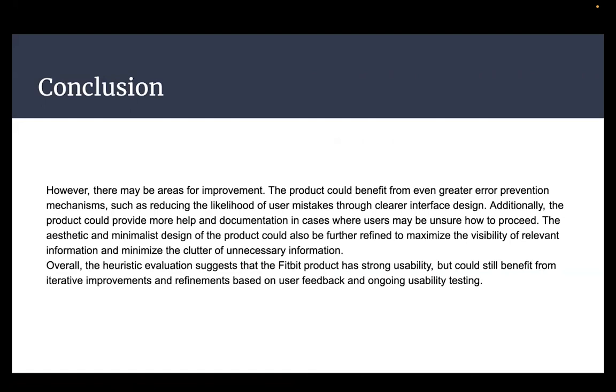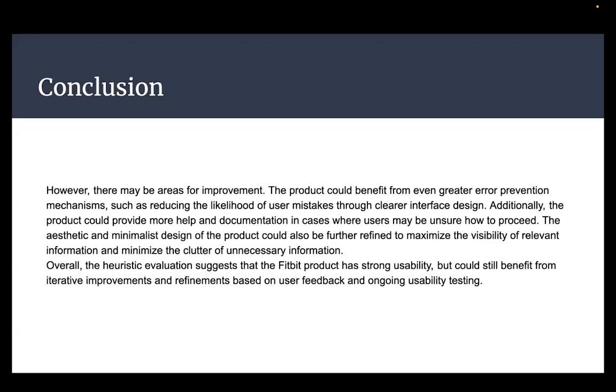Even better error prevention features could improve the product, such as lowering the risk of user errors with a user-friendly interface. The solution might also offer more guidance and documentation in situations where the user might be unclear how to proceed, and increase the visibility of the important information and reduce the clutter of unimportant information.